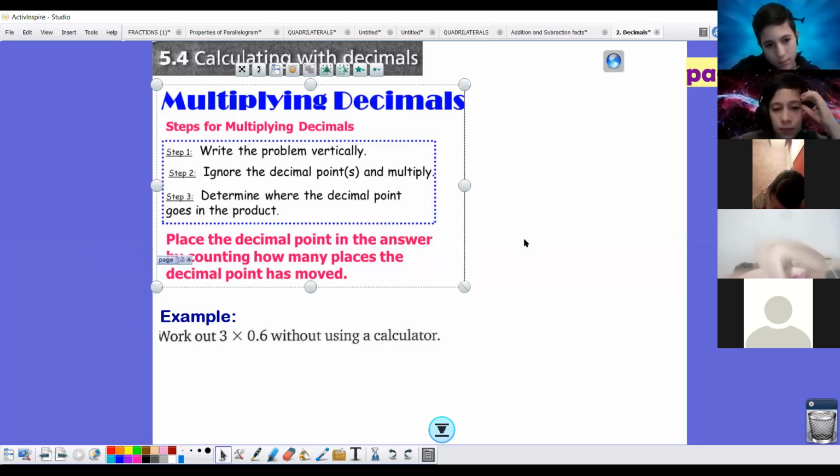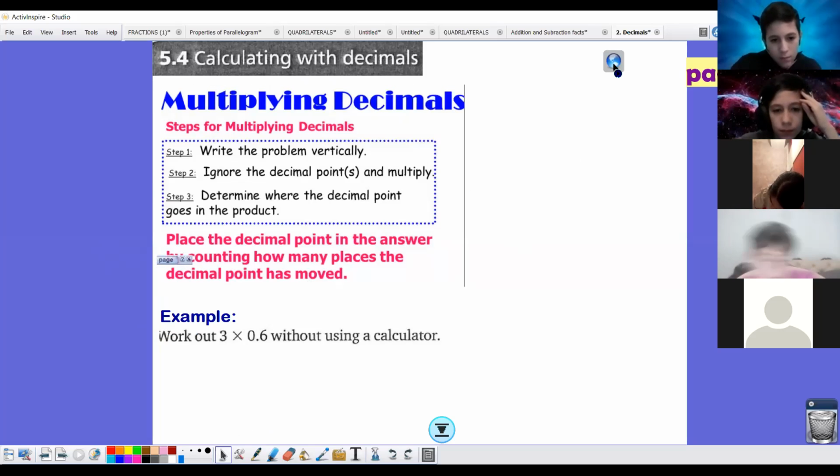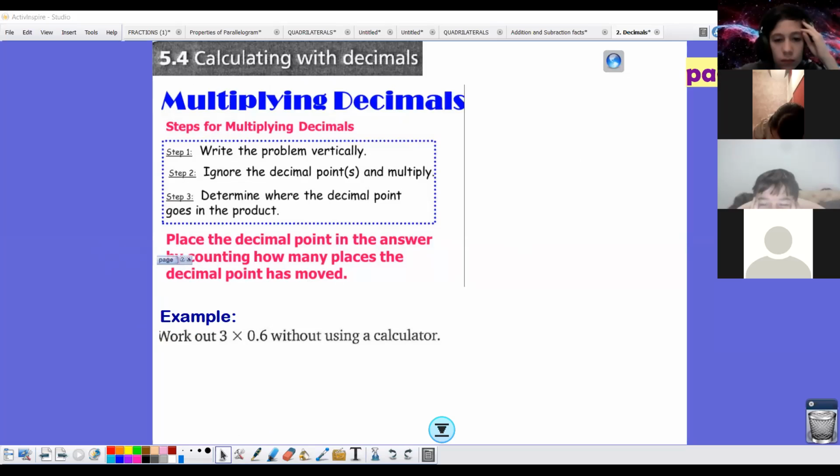This one is on page 77, as you see. We are multiplying decimals. We studied this one, I think, last year, if you remember.